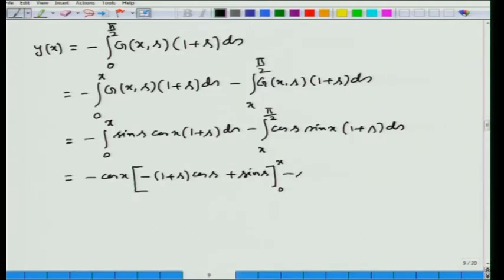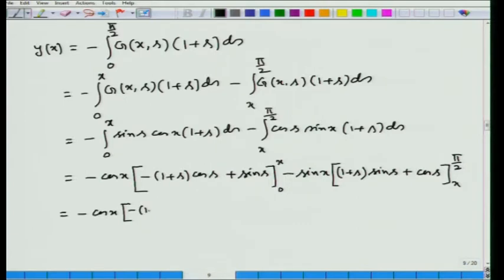For the second integral, minus sin x can be taken out of the integral sign, then it will be (1 plus s) sin s plus cosine s, limit x to pi by 2. This is equal to minus cosine x at the upper limit, minus (1 plus x) cosine x plus sin x at the lower limit.